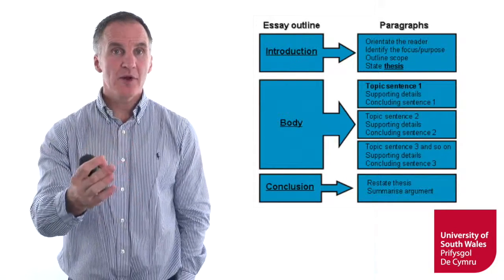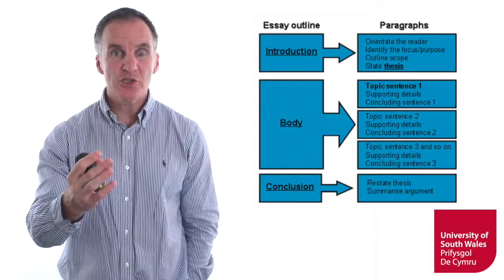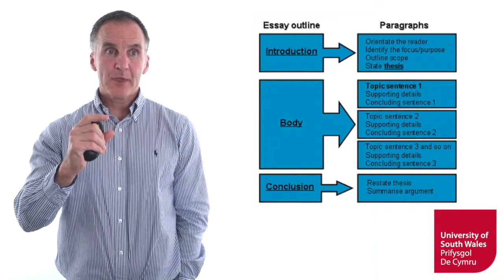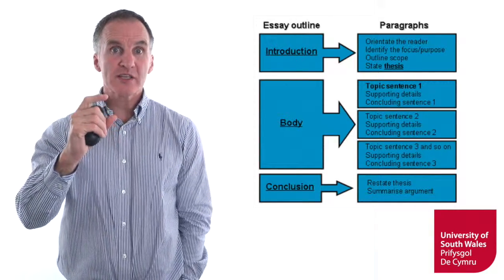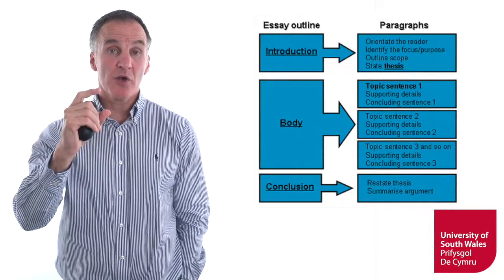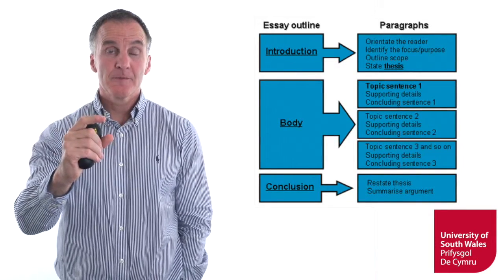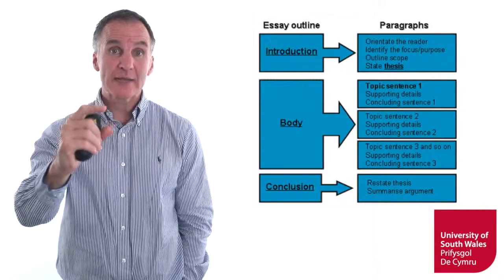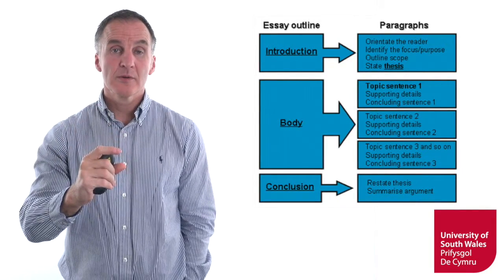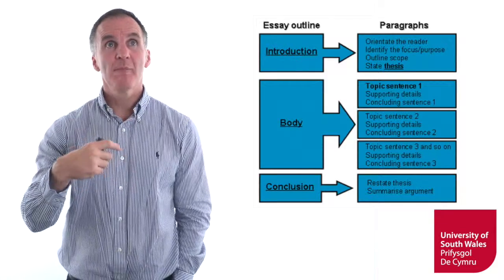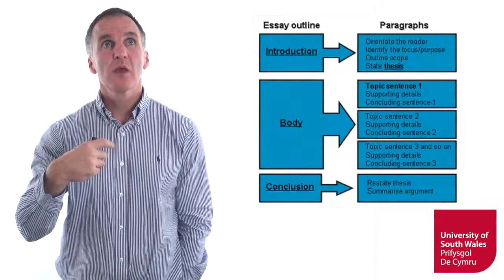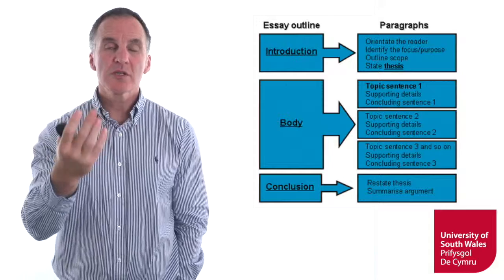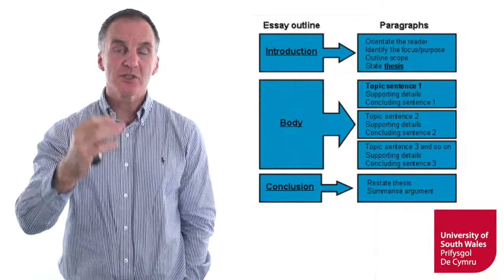Now, the common error that I get every year from students is that you write sentences or paragraphs in what I call isolation. So the sentences don't link together, or the paragraphs don't link together or flow. Try to use what we call conjunctive adverbs in between your sentences or your paragraphs.